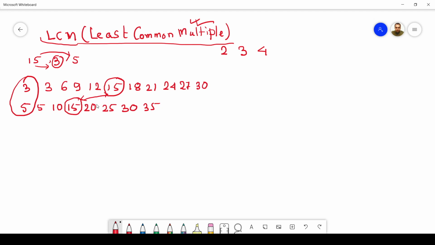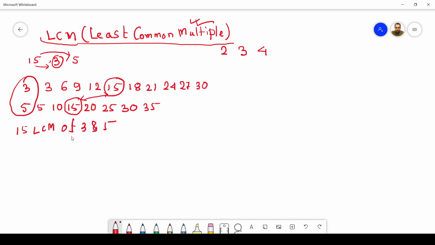But we will not go to 30. Let us stop on 15. 15 is a multiple common to both 3 and 5. Therefore in this case 15 is the LCM of 3 and 5.